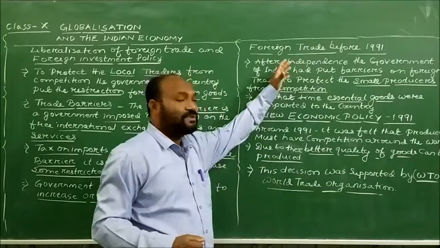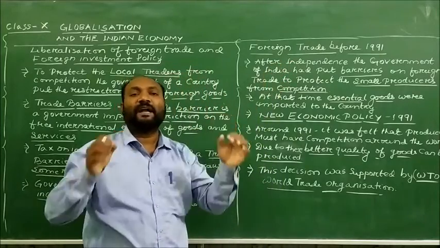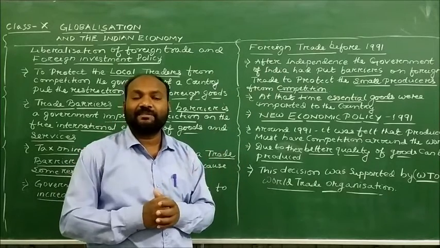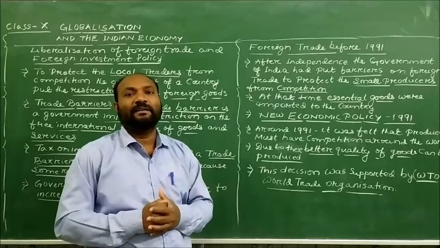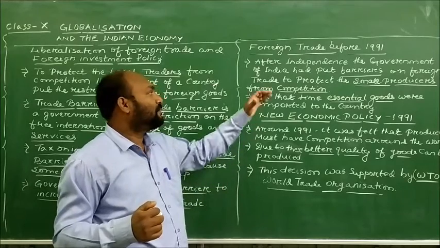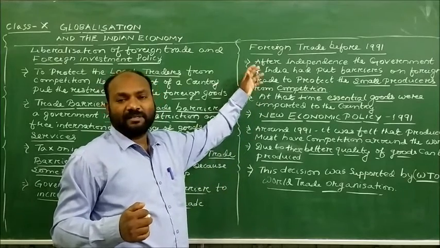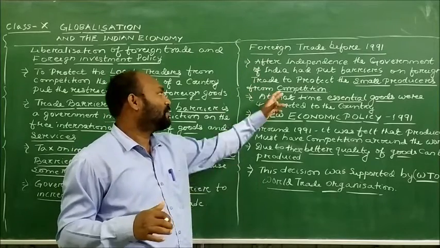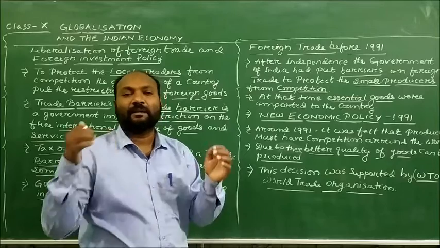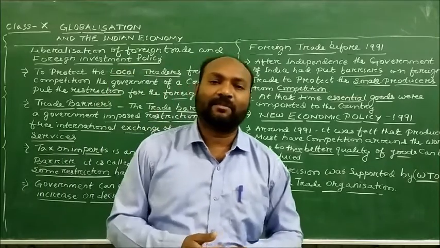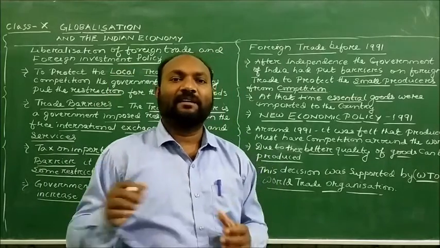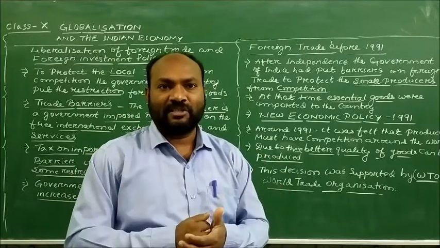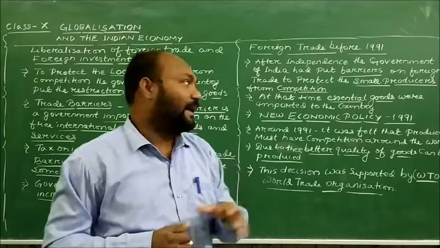Dear students, as we see, before 1991 there were great restrictions on foreign trade and foreign investment. The government had certain restrictions to protect small producers from competition with large producers, and due to that the government had foreign trade restrictions in Indian society.